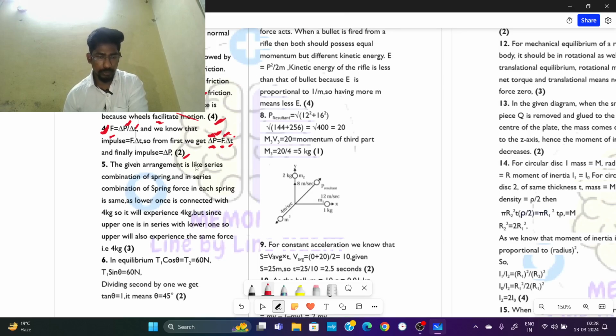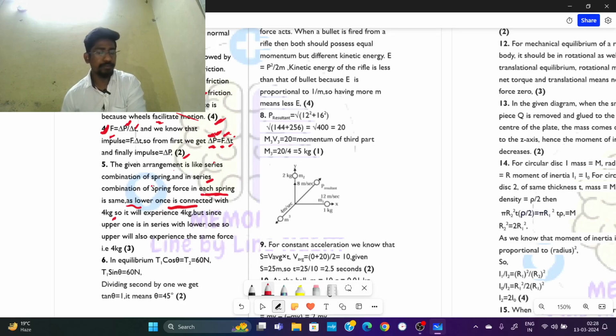So let's dig into the solution. You can see that in the given arrangement the springs are in series combination. Therefore the force acting on each spring will be equal.